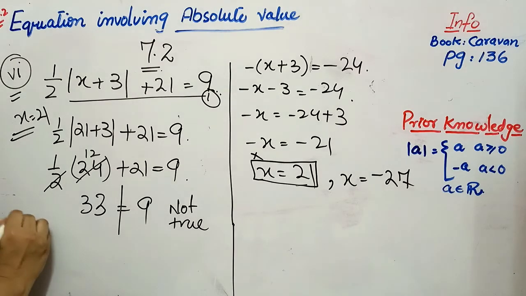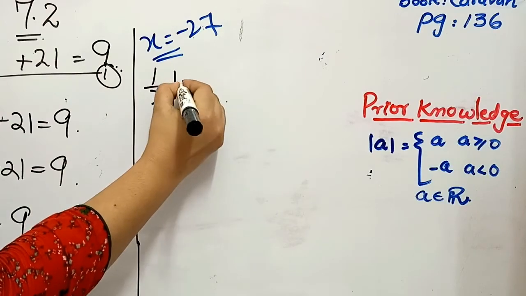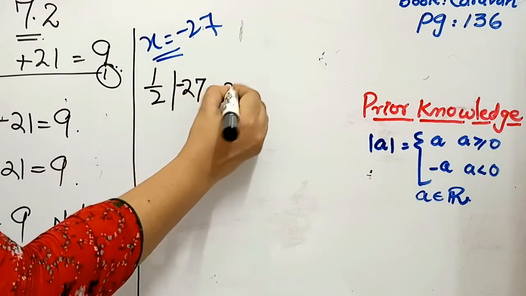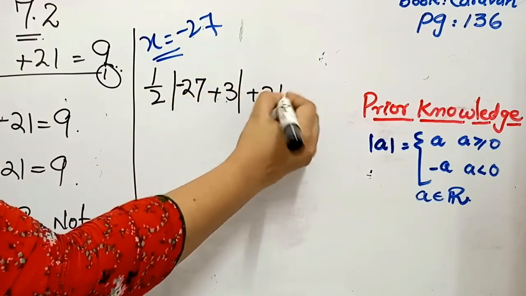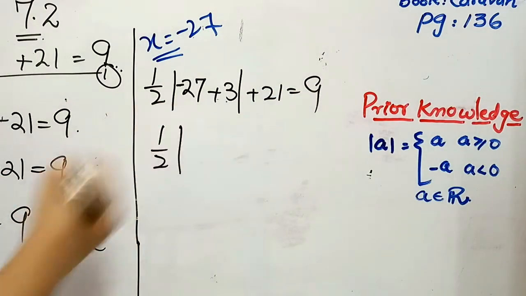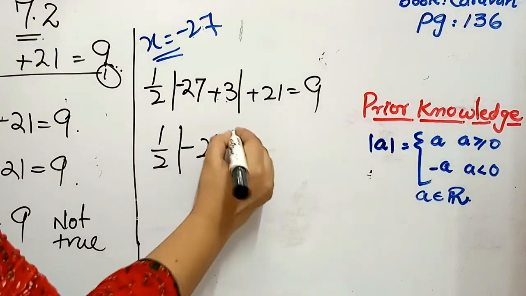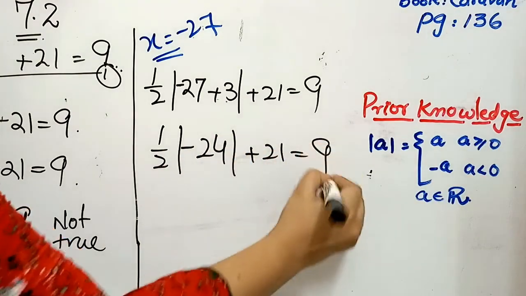So let's check for x is equal to minus 27. It will be 1 upon 2 modulus of minus 27 plus 3, plus 21 is equal to 9. So minus 27 plus 3 will be minus 24, mod, plus 21 is equal to 9.